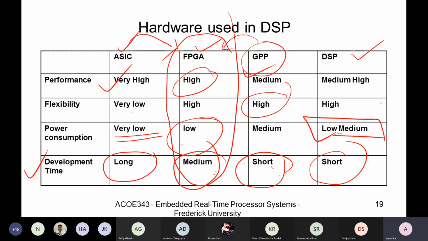And then the flexibility means it is not only this type of signal processing applications. Many more applications can be supported. That's why flexibility is there. But for some typical type of applications, it works better. And development time is again very short, because it is very much the same as GPP.